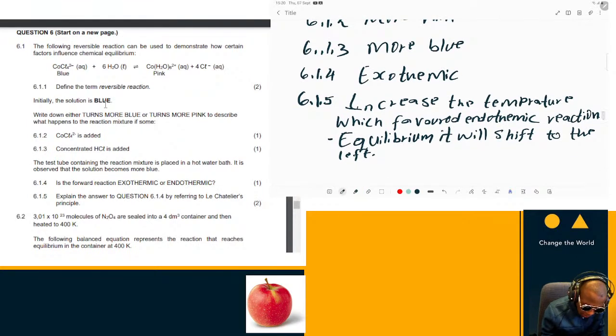So now this means the exothermic reaction is the forward reaction. It means the forward reaction is exothermic.